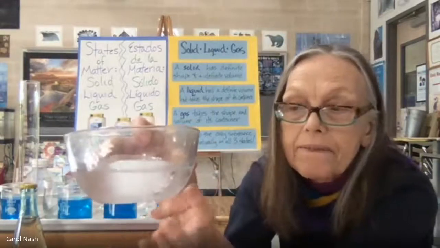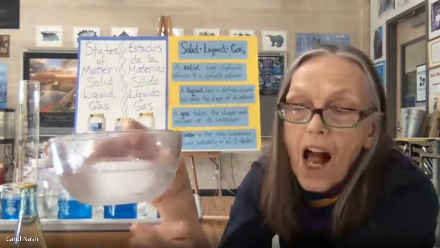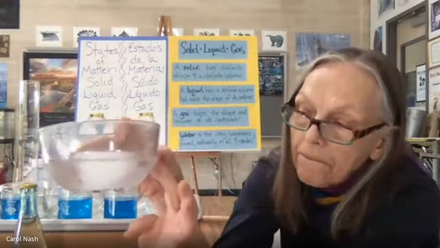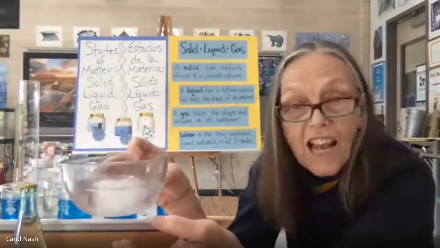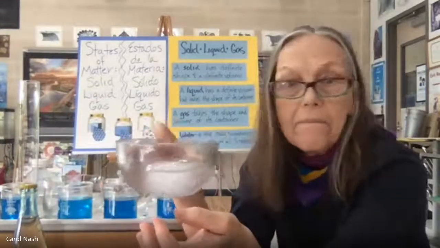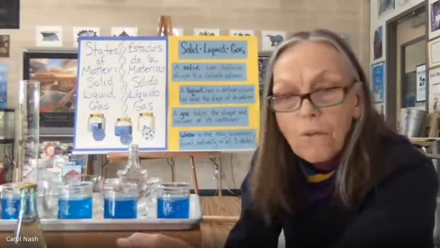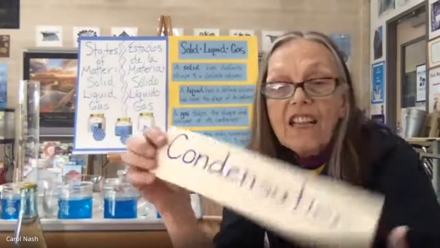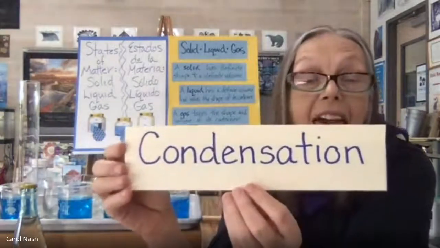You see, there's condensation appearing. Water droplets on the outside. Is the glass leaking? No. Where did that water come from? That condensation came from the air.